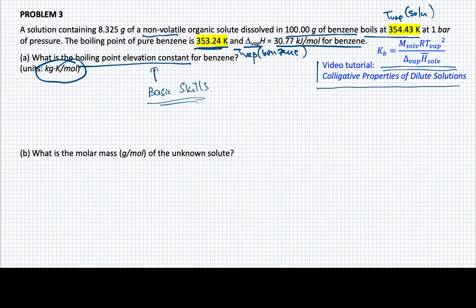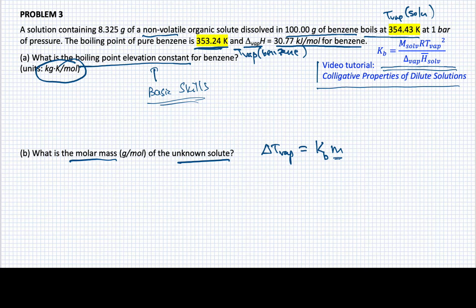Now, the second part of this problem is we need to know the molar mass of this unknown solute. Well, how are we going to get that? Generally speaking, what one finds is that the change in, for example, a vaporization temperature is going to be the boiling point elevation constant times the molality of the solution.